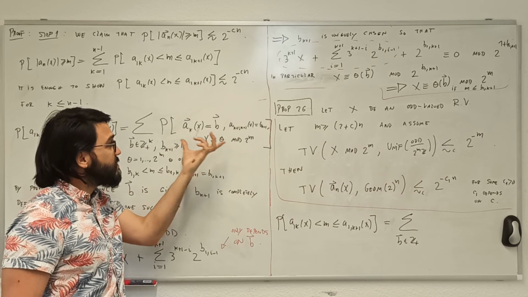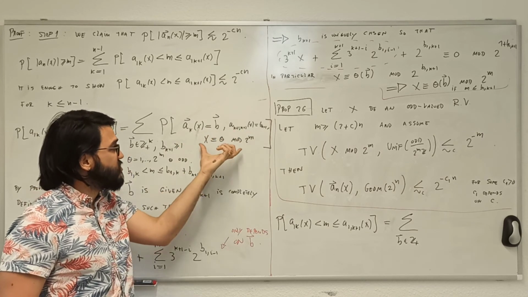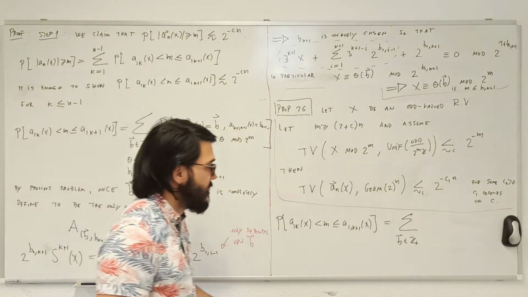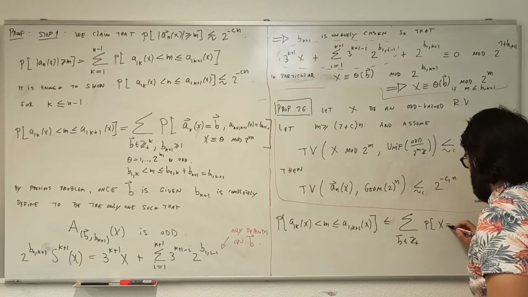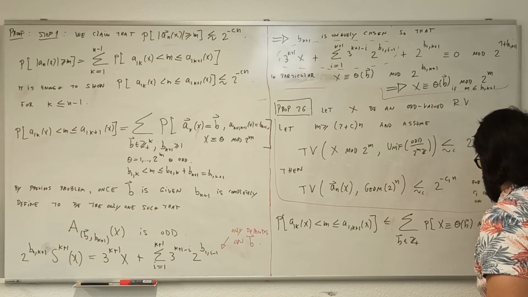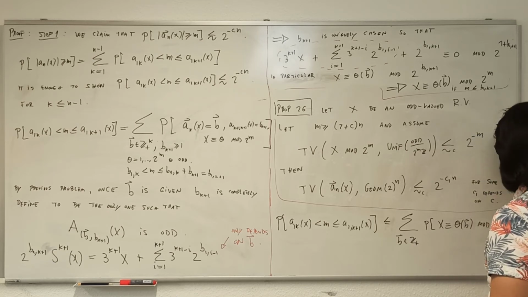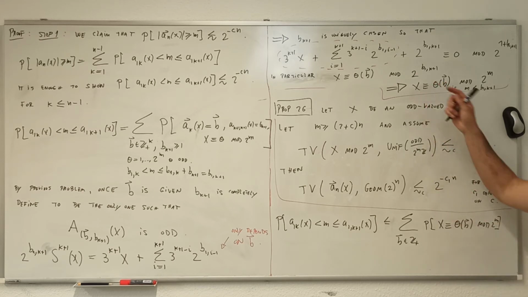But this probability will be bounded by just removing these conditions, staying only with x congruent to theta modulo 2^m. So for each b, there will be one congruence class modulo 2^m which x has to belong to, which is this theta_b, coming from this thing here.